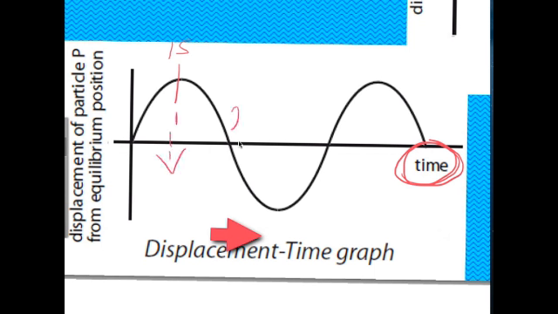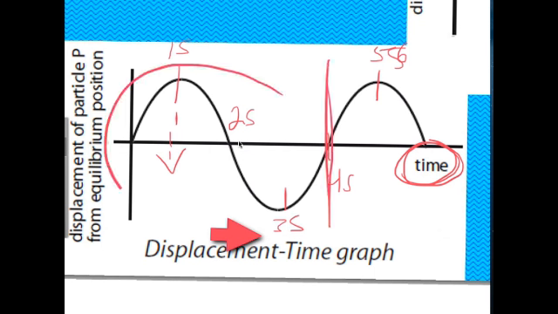And so then after 2 seconds it's here, after 3 seconds it's here, after 4 seconds, after 5 seconds it's back up to a crest. And so our period here, the period of this wave, is 4 seconds, because it takes 4 seconds to undergo one complete cycle.